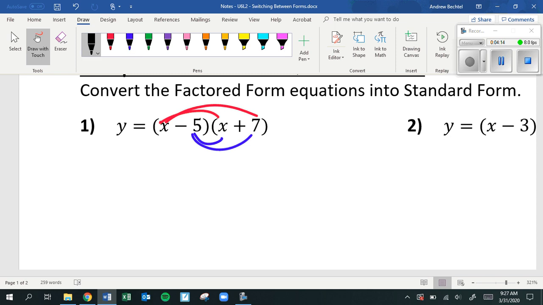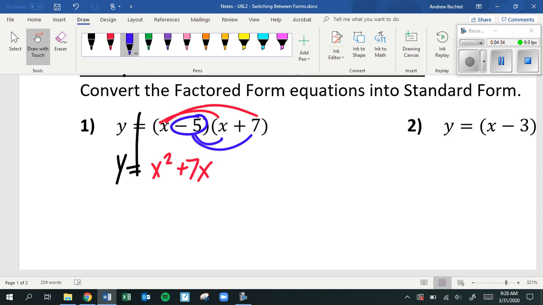We don't need to worry about the y on the left side. Because it's on the other side of an equal sign, it just stays y. But if we look at the other side, we're going to have x squared from x times x, 7x from x times 7.